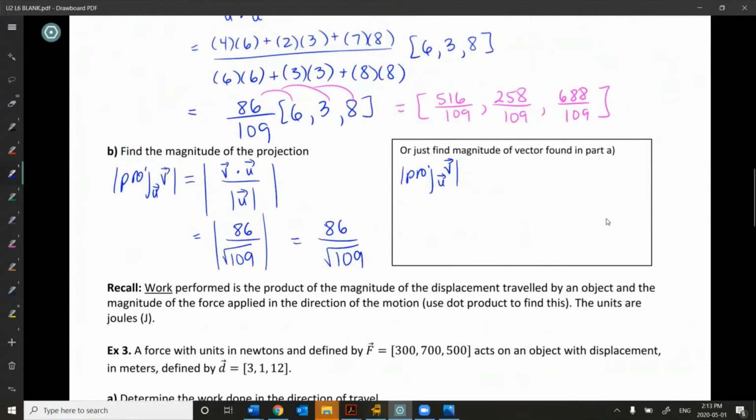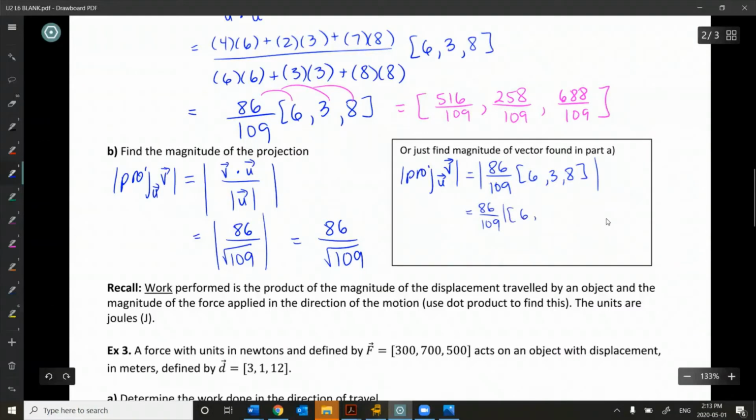Or you can also simply use this scalar format over here and find the magnitude of that. So if we separate these out into pieces, the scalar, of course, we don't really need to take the magnitude of, but I will take the absolute value if that happens to be negative.